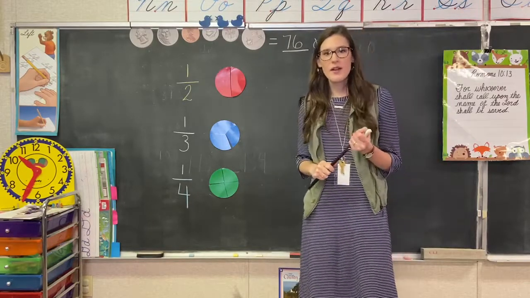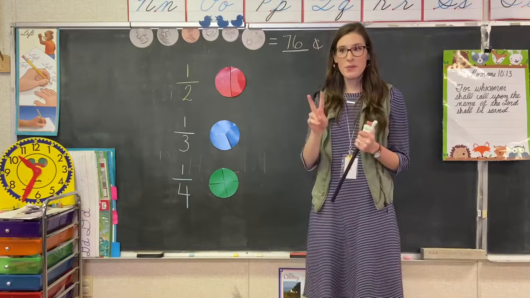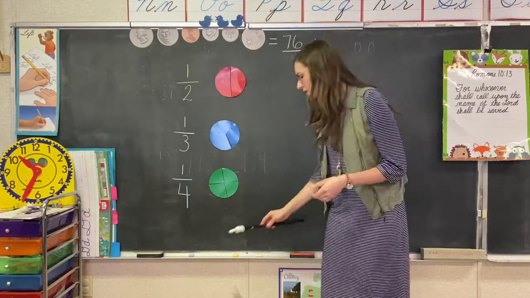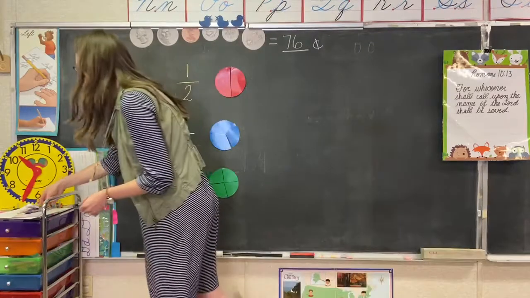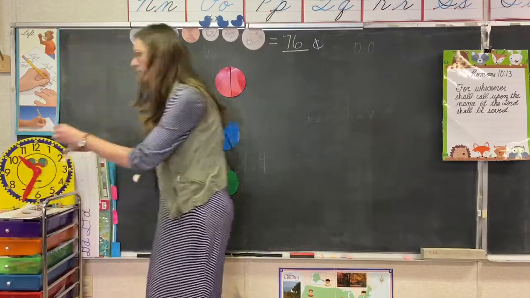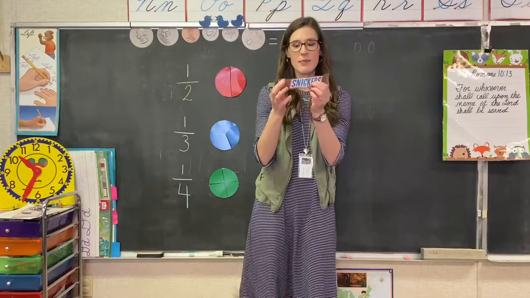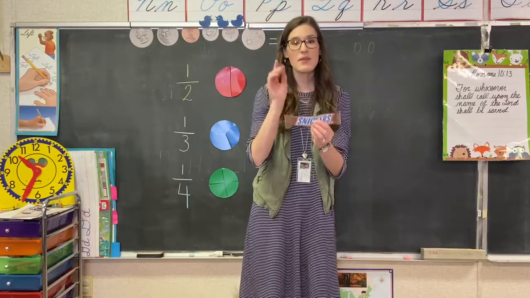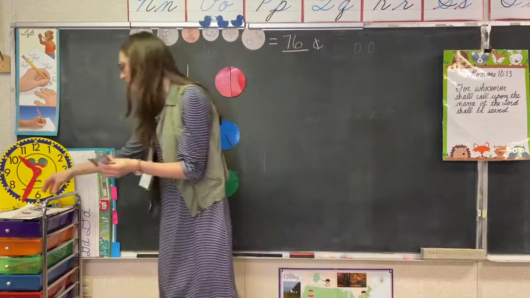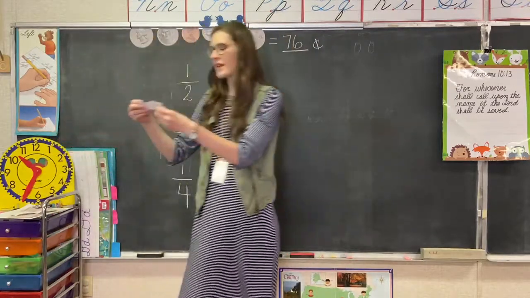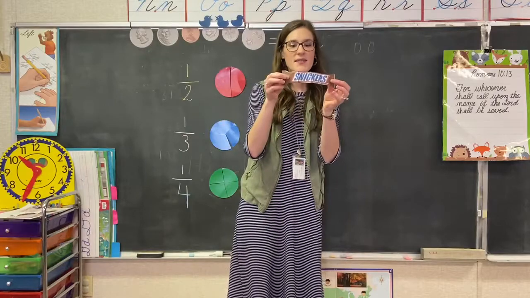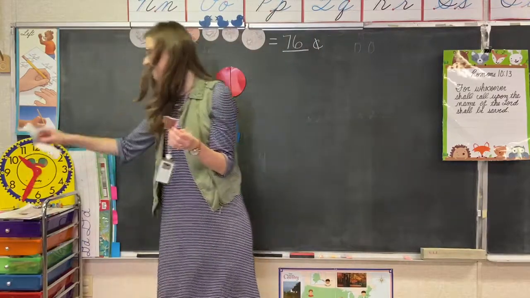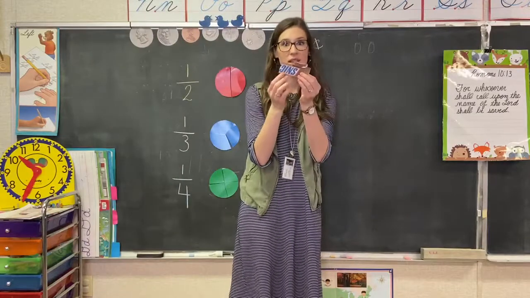Would you rather share a candy bar with 2 people or with 4 people? If you're only going to share it with 2 people, you each are going to get a piece this size, and the other person's going to get a piece this size. But if you have to share that candy bar with 4 people, then the size of your piece is going to be this big instead of this big.